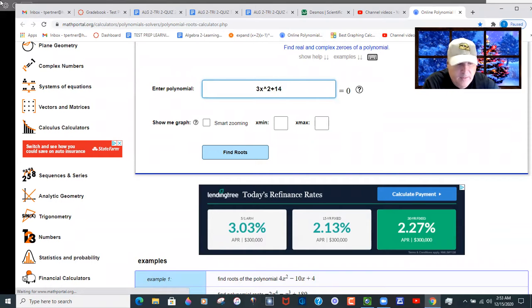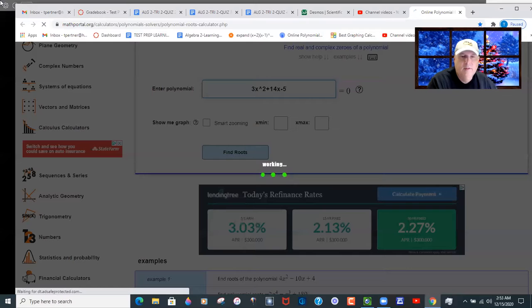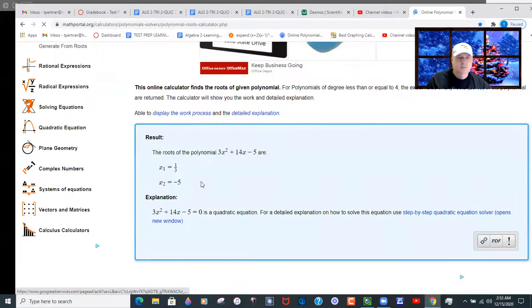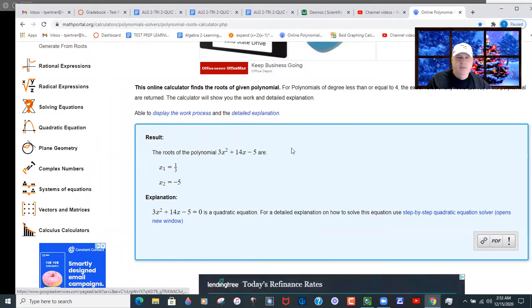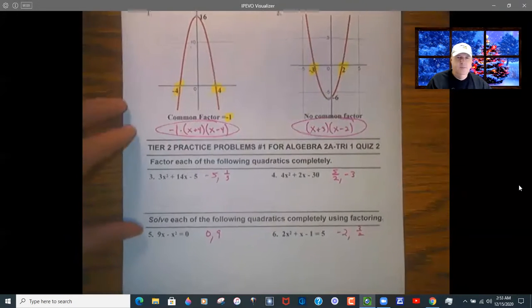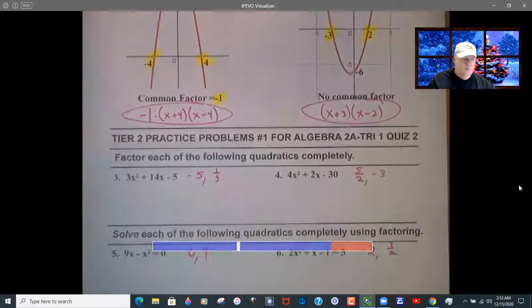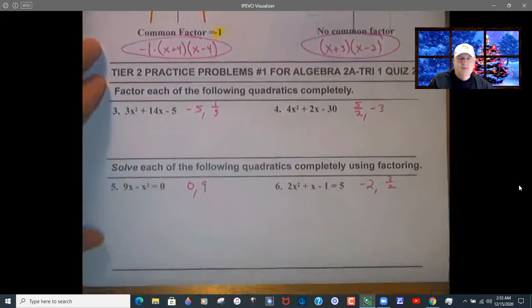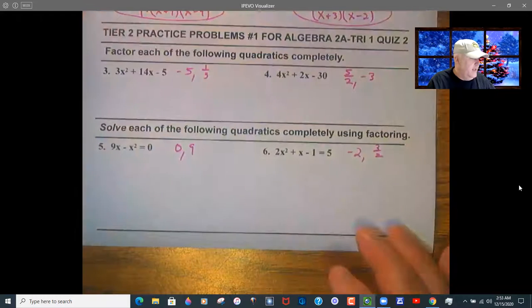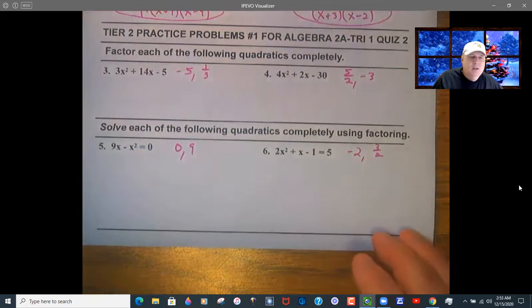I think you can probably find the link in one of the learning plans. Type that in and it's going to deliver to you the 1/3 and the -5 that we need to do this problem right here. Okay, so either site, either way is fine. I should say the polysimult 2 is not a site, it is an app on a calculator.